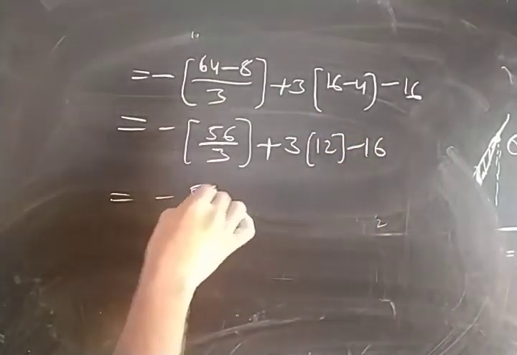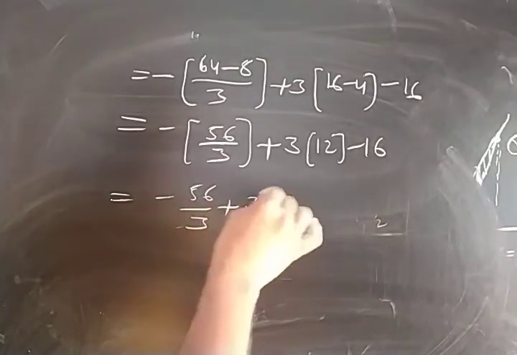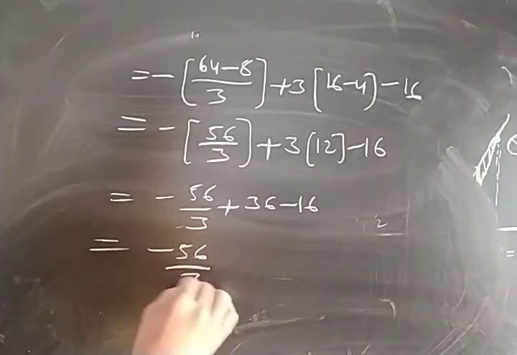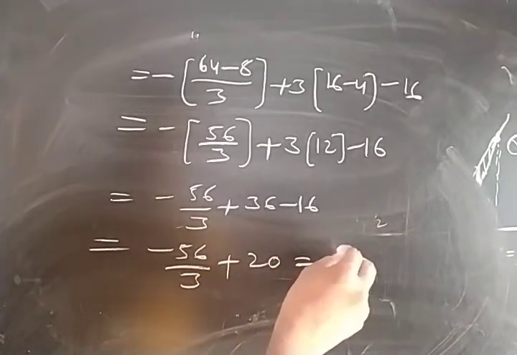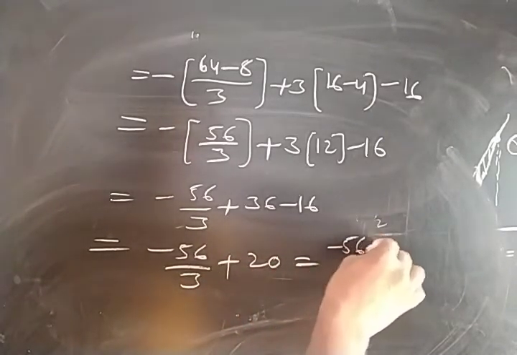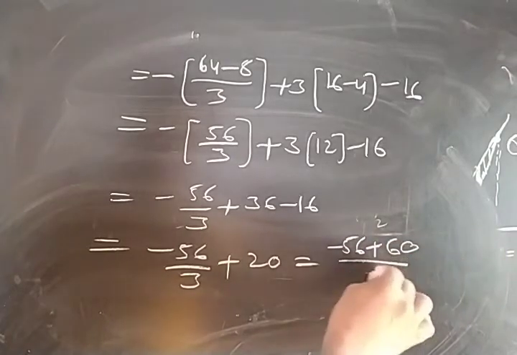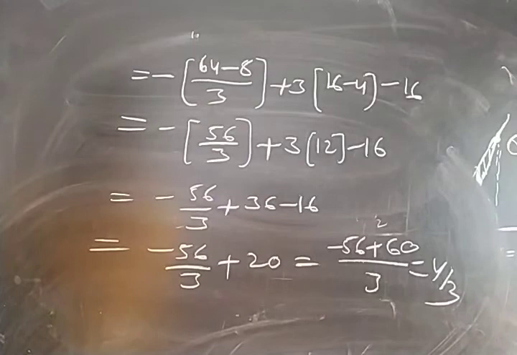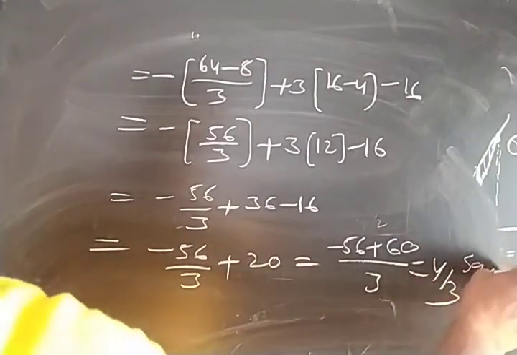So minus 56 by 3 plus 36 minus 16, that is minus 56 by 3 plus 20, so minus 56 plus 60 by 3. So this is 4 by 3 square units.